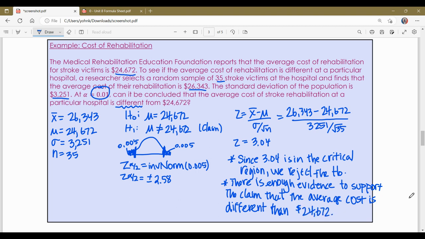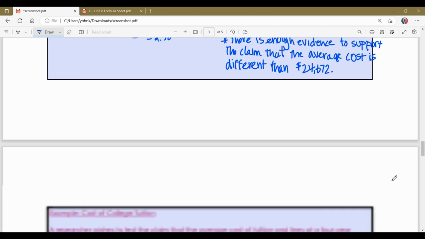I mean, based on the sample data that we got, we could maybe in further investigations see if it's always going to be greater, or we could continue to see that it's just not the same. All right, let's keep going.